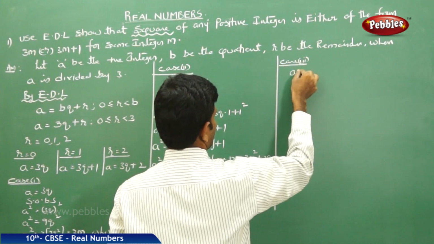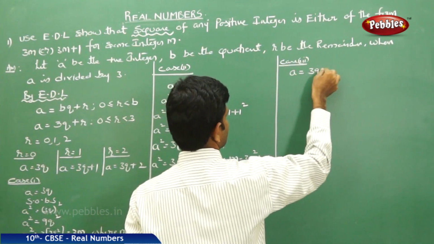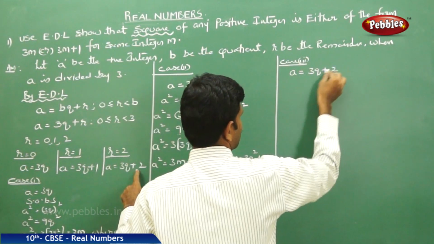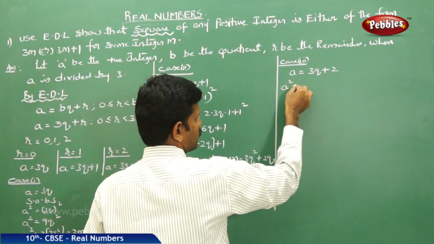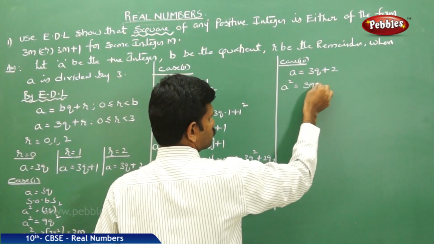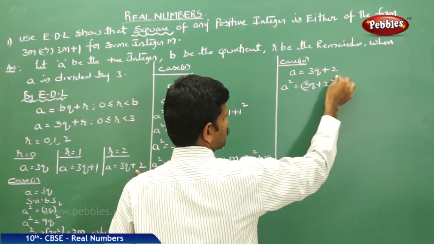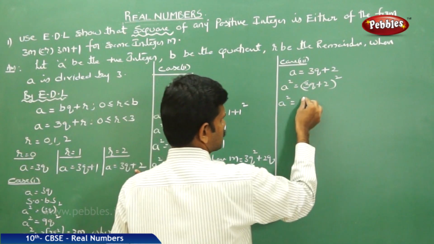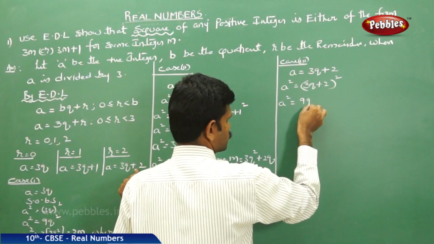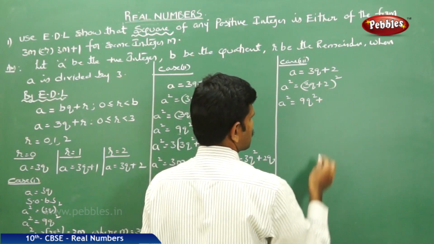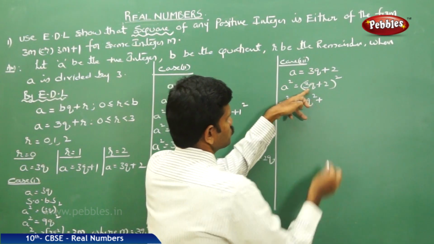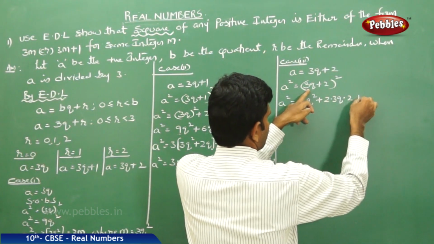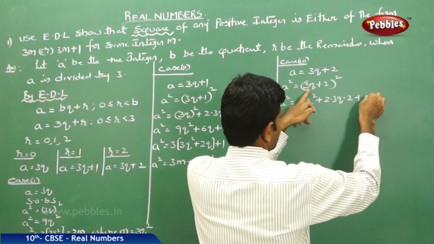Now come to case 3. a is equal to 3q plus 2. Again squaring on both sides, a square is equal to (3q plus 2) whole square. I will write directly: 9q square plus 2 into 3q into 2 plus 2 square, nothing but 4.